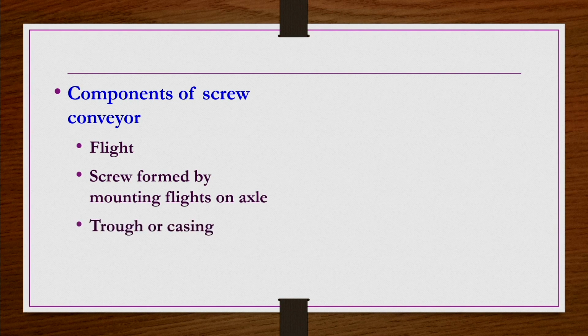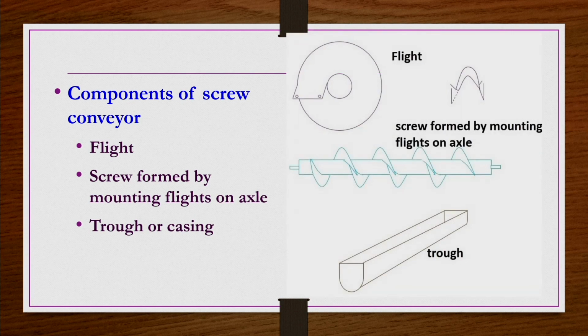Schematically, if you see the frontal view of the flight, it looks like this. If you see a side view of the flight, it will be like this. Now, if you mount n number of flights on an axle like this, you have a screw formed by mounting flights on axle.